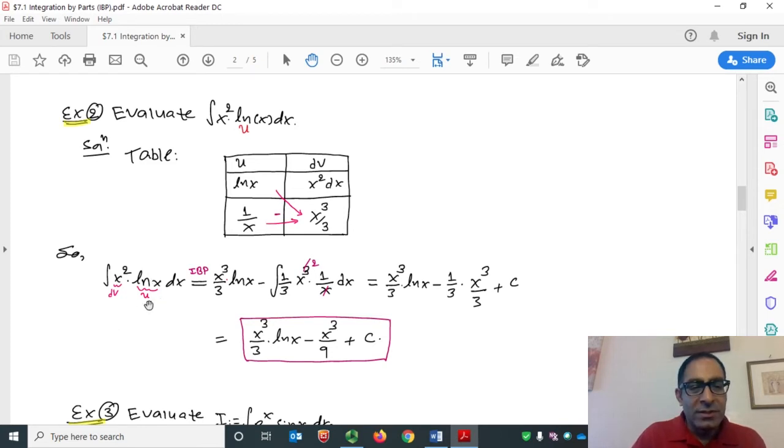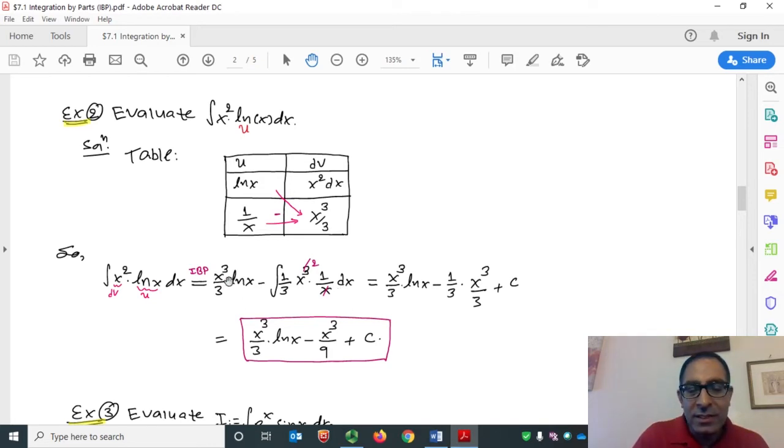Then apply the IBP formula. So the given integral is equal to, multiply diagonally, so x cubed over 3 times ln x, and then this minus as it is, minus the integral of, multiply straight across, so 1 over x times x cubed over 3 dx. Great.